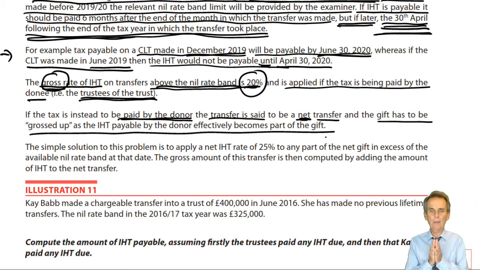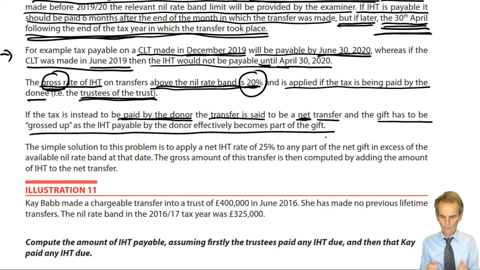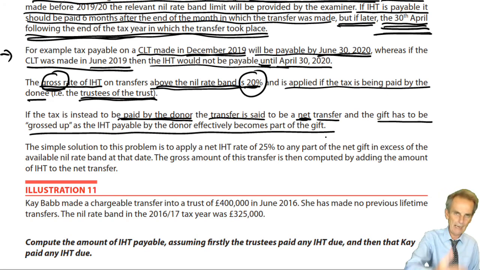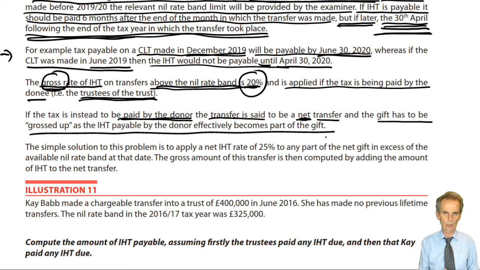If the tax is being paid by the donor, how do we know whether it's paid by the donor or by the donee, i.e. the trustees? Nine times out of ten in exam questions, the question tells you the tax payable on this CLT was paid by, and either it will be by the trustees or it will be by the donor, the taxpayer himself or herself, who has made that transfer into the trust.